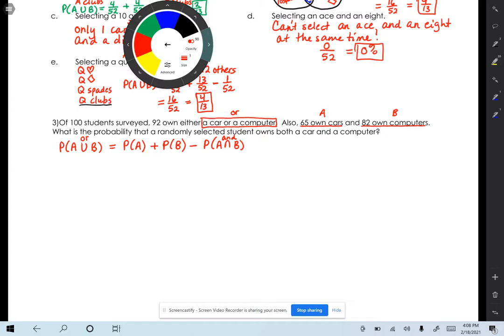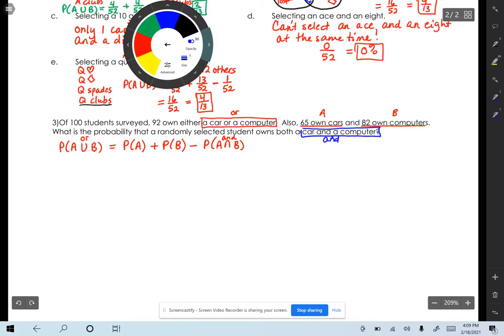You can use the words and or if you want to as well. So our question is, what's the probability that a randomly selected student owns both a car and a computer? So the giveaway that we are going to solve for the and portion is the word and.